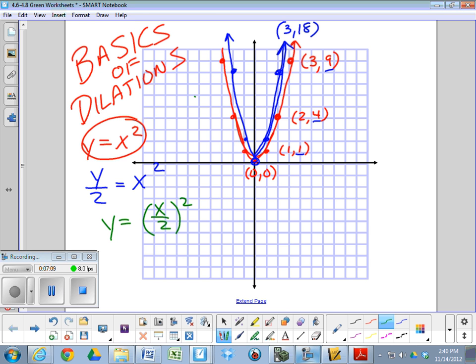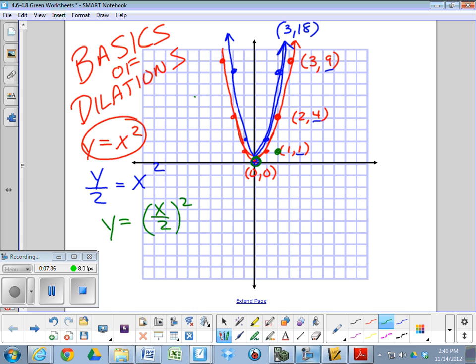X plus 2 is left 2, right? Well, it's the same way here. When x is being divided by 2, it actually doubles the x's. Check it out. Instead of 0, 0, you would double the x and still get 0, 0. It doesn't move. Instead of 1, 1 in red, double the x. What would it become? 2, 1.